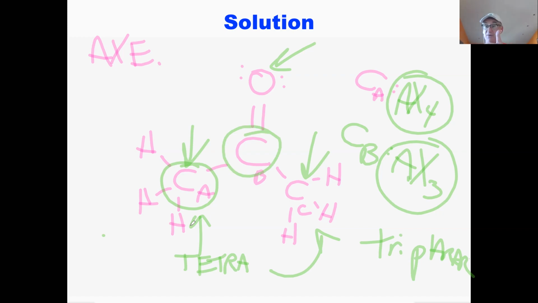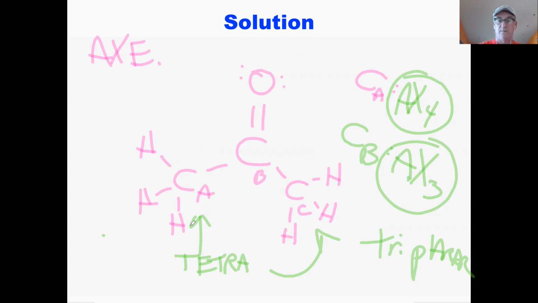So one last question. I just told you that within a trigonal planar molecule, the angles between these different atoms is 120. So this and this should be 120 degrees.